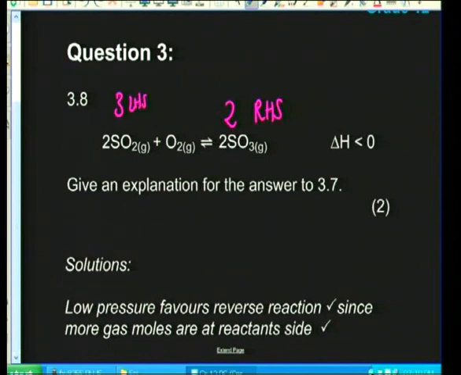So the low pressure would favor the reverse reaction, and the lowest pressure would stimulate more gas molecules being produced. So that would happen on the reactant side, and we can see that at point C where reactants are being favored.